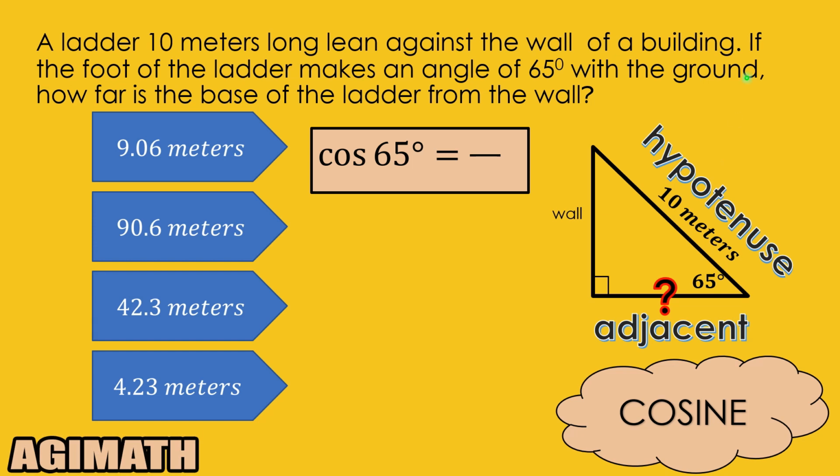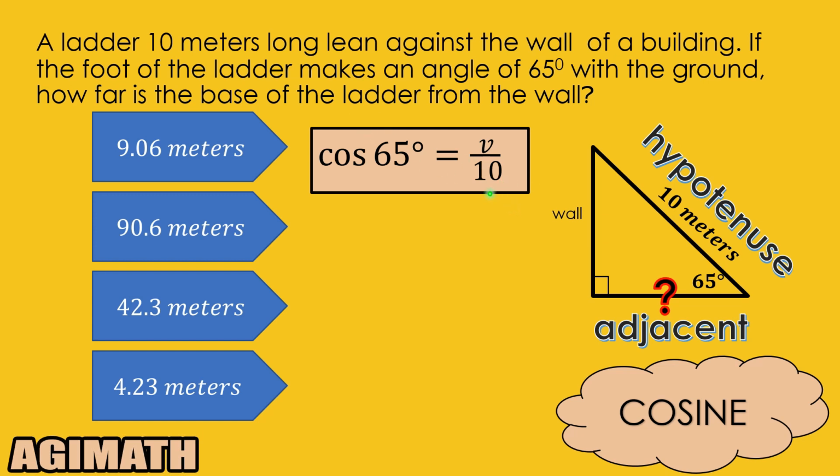So now, cosine 65 is equal to adjacent. Since this side is missing, we can use a variable, for example, V. And the hypotenuse we do not use a variable because it's given to be 10. So cosine 65 is equal to V over 10. Now we apply cross multiplication.